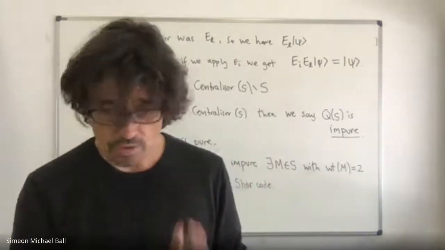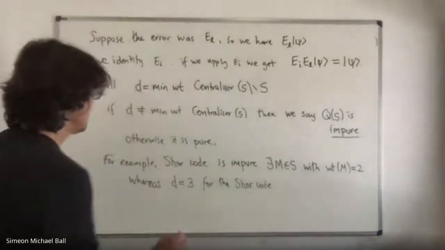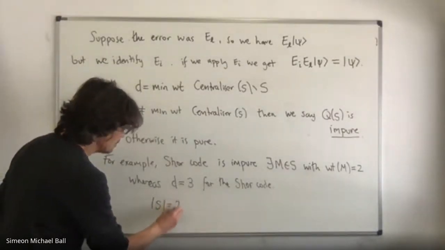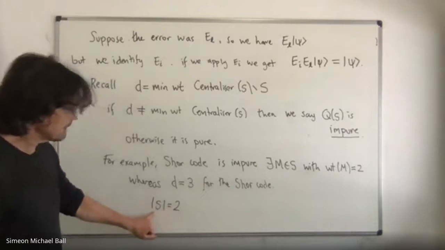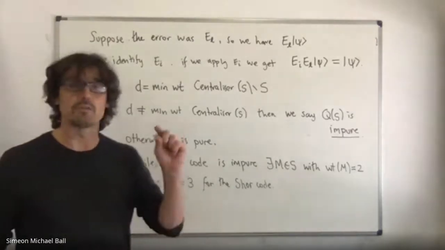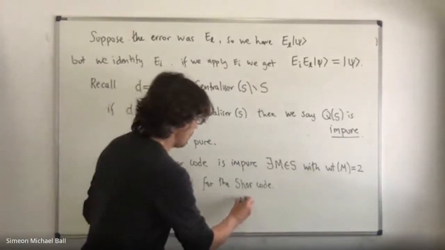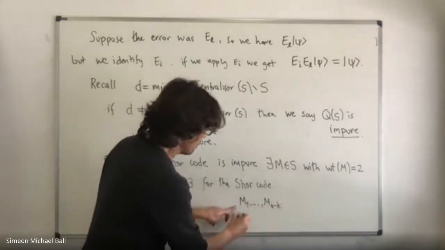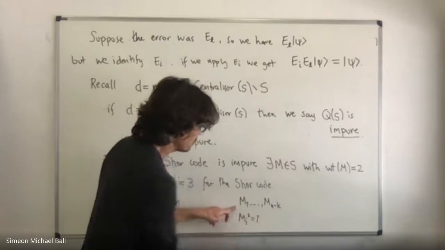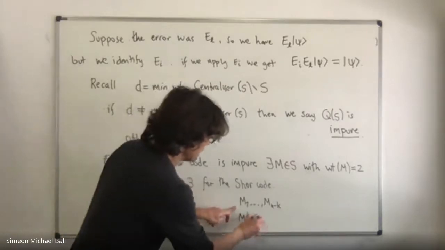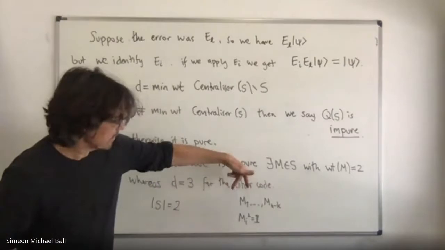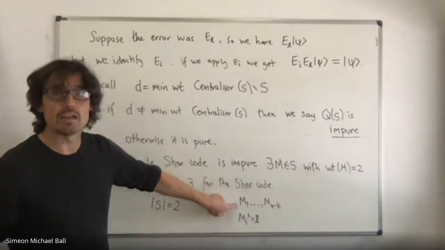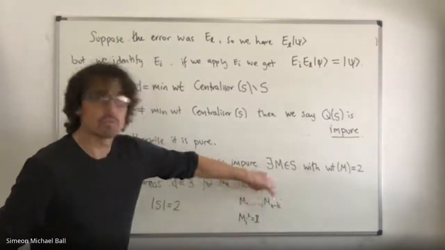I will also prove to you that S always has size 2 to the something, because the generators, as we saw before, if your generators are M_1 up until M_{n-k}, and recall always M_i squared is equal to the identity, and they're commuting, so the subgroup that they generate is just taking the subsets of them.